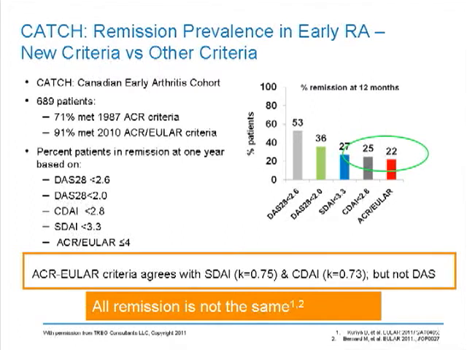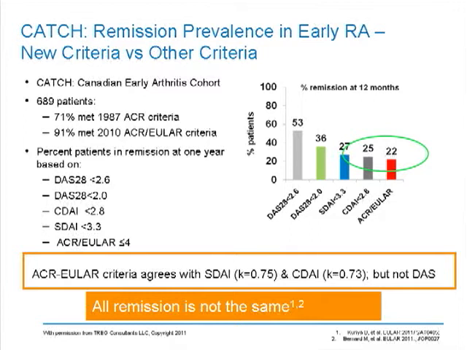So the CATCH, which is the Canadian Early Arthritis Cohort, looked at remission prevalence in early RA, new criteria versus other criteria. They had almost 700 patients, 70% met 1987 criteria, and 90% met 2010 criteria.